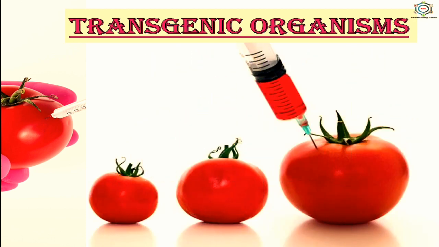Now, the question is, what is GMO and what is GM food? Genetically modified organism can be defined as organism, that is plants, animals, or microorganism, in which the genetic material, that is DNA, has been altered in a way that does not occur naturally by mating or natural recombination.